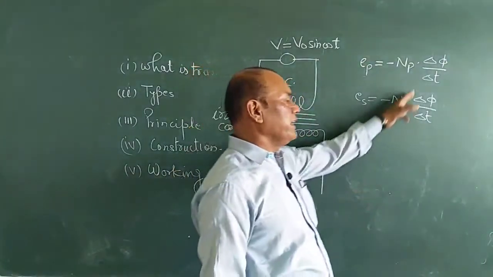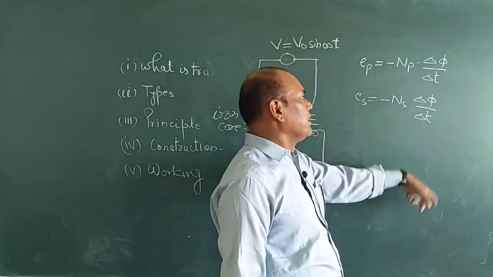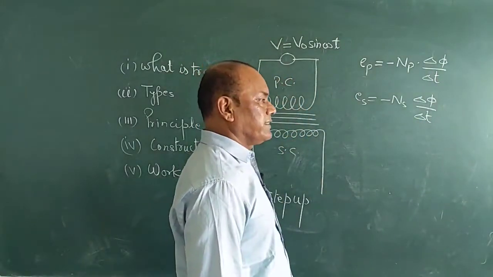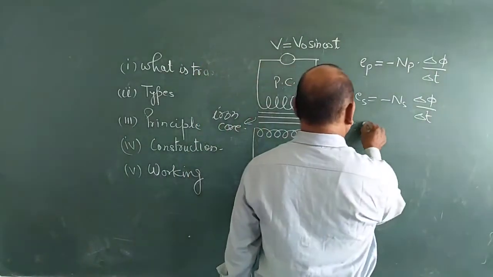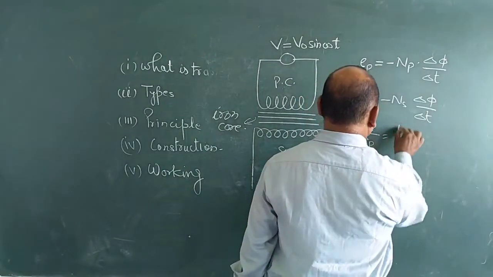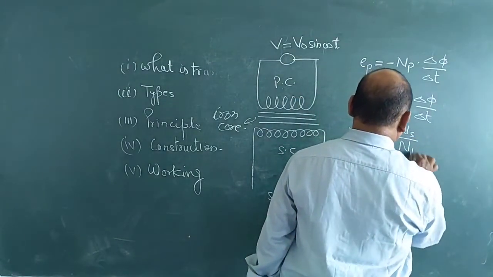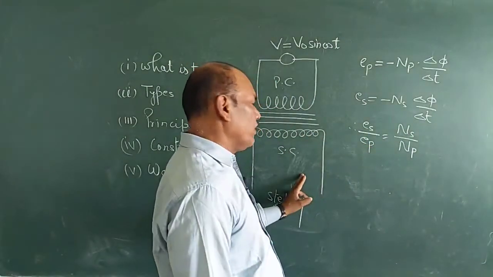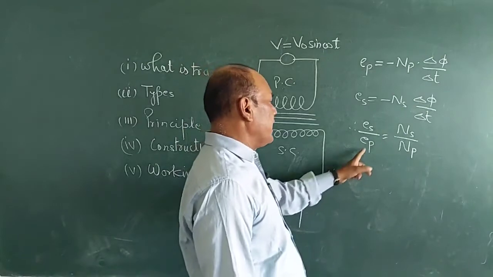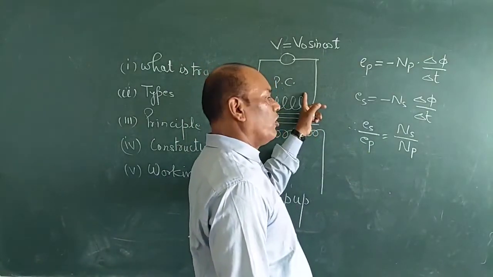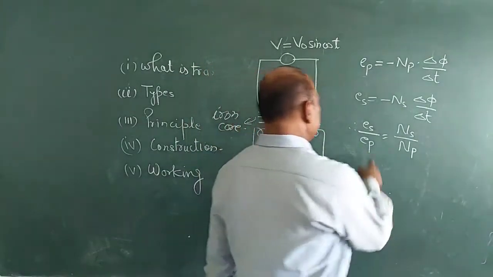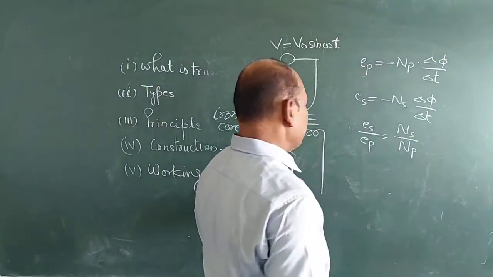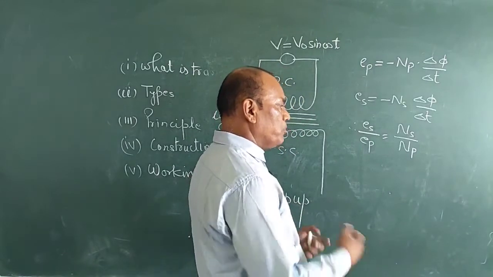Since we have already considered the ideal condition, delta phi by delta T remains the same between these two coils. Therefore, ES upon EP is equal to NS upon NP. This ES is the induced EMF obtained in the secondary coil and EP is the induced EMF obtained in the primary coil. In the primary coil this is the applied voltage, and in the secondary coil we obtain the output voltage.